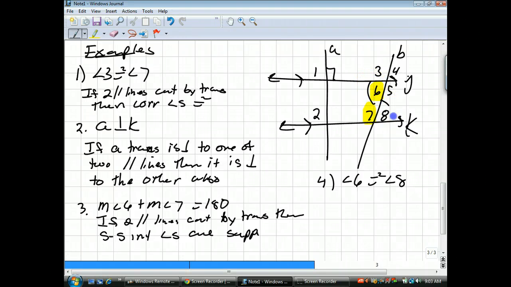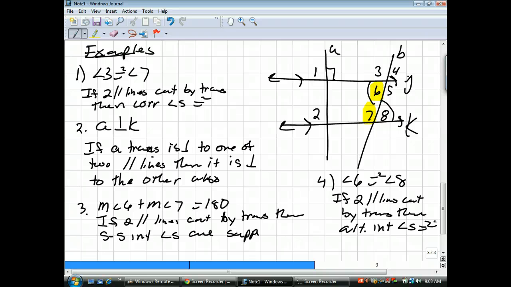Angle 6 and angle 8 are right there, so those are alternate interior angles formed by parallel lines and a transversal. So if two parallel lines are cut by a transversal, then alternate interior angles are congruent. So that's the application of the theorem. Okay?